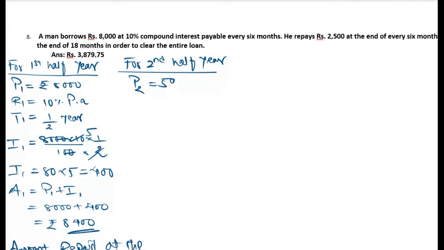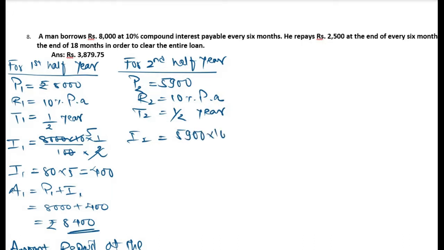So 5,900 is the balance amount. Rate will be 10% per annum. Time will be half year. I2 will be 5,900 into 10 into half upon 100.